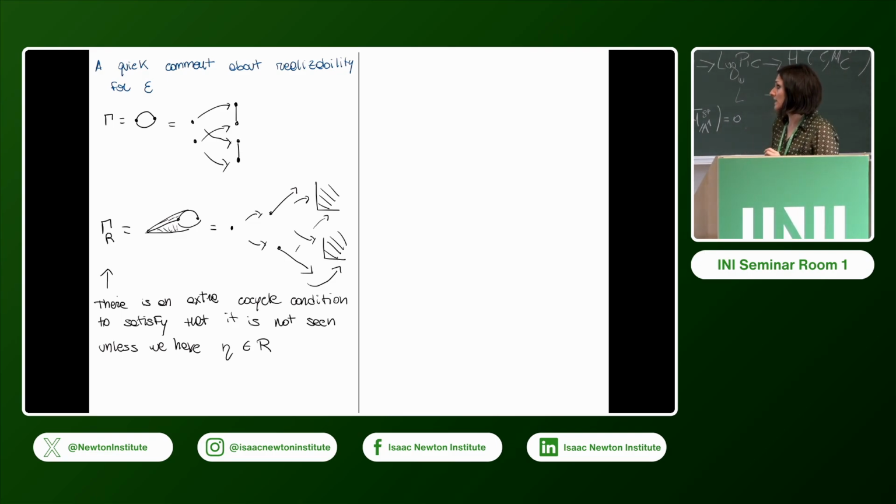The problem is that not all the vector bundles on this loop that I can write this way are necessarily a degeneration of a vector space. There is a cocycle condition to be satisfied for this vector bundle to actually come from a vector space, which is not visible if I just look at the loop.